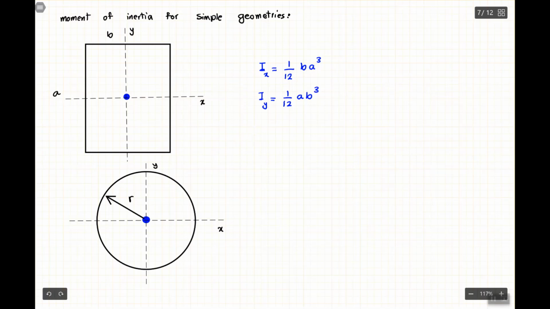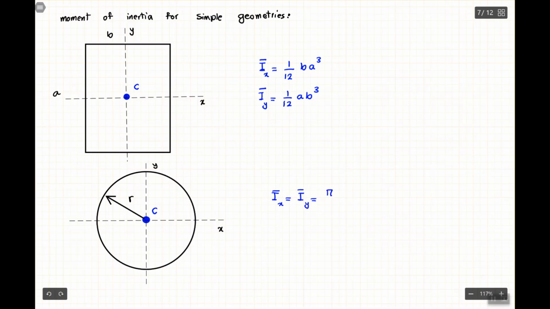And just to remind ourselves that these axes are passing through the centroid, right? This is centroid, this is centroid, so we put this bar over there.